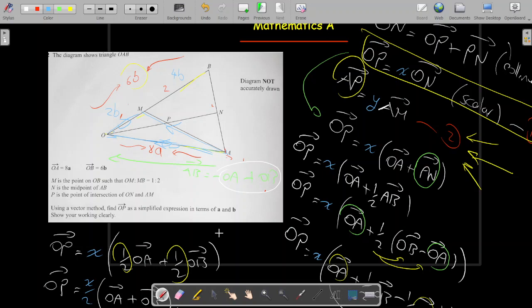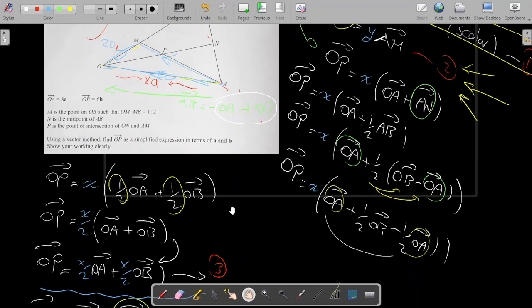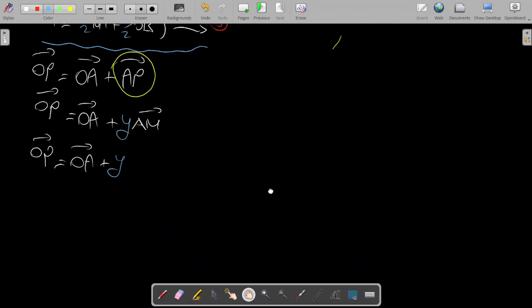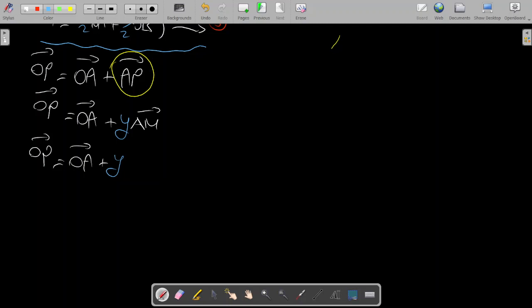So I'm dealing with this triangle, as you can see. So now the OP is going to be equal to OA plus y multiplied in what? AM is going to be converted. AM is going to be equal to the OM vector minus the OA vector, as I showed you here. Remember?